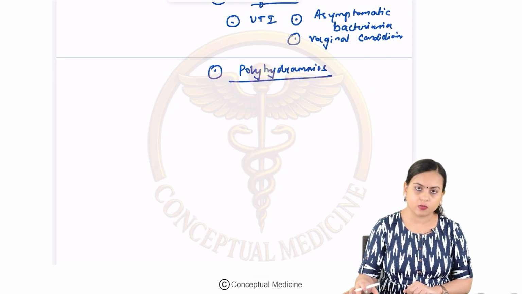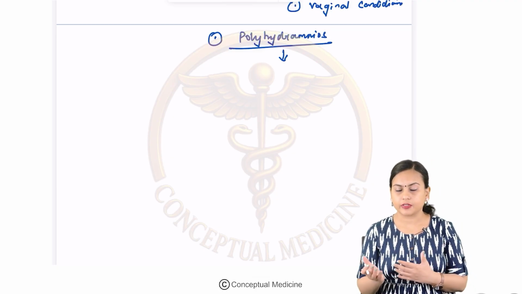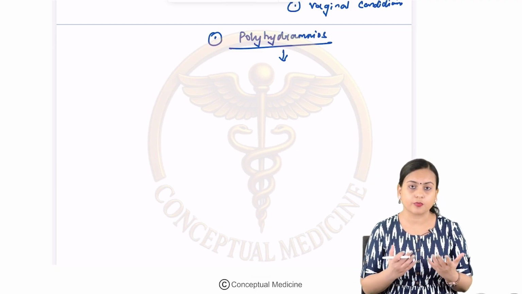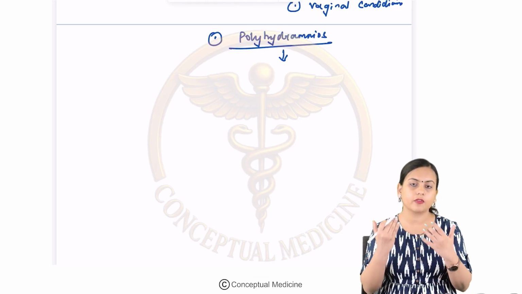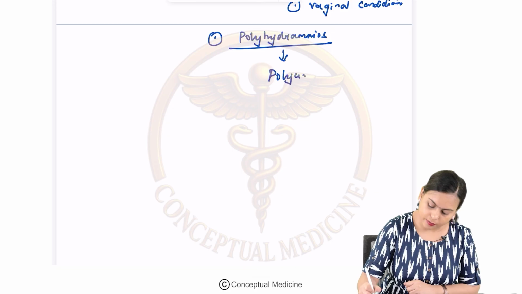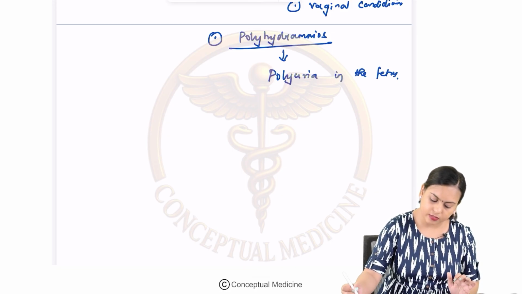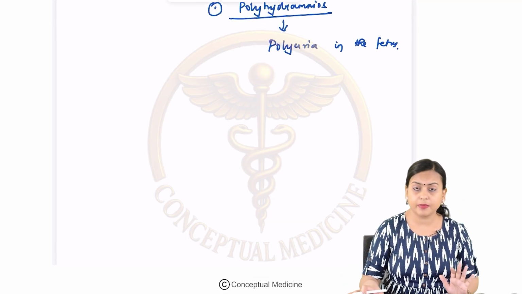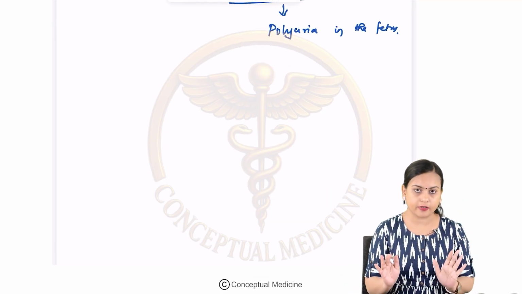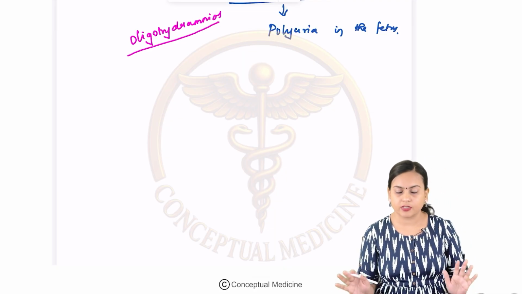Why? Because hyperglycemia is also going to affect the fetus. So, the fetus is going to pass more urine. So, polyuria in the fetus is going to cause polyhydramnios. And remember this fact that not only polyhydramnios, oligohydramnios is also possible in a case of GDM or pre-gestational diabetes mellitus.